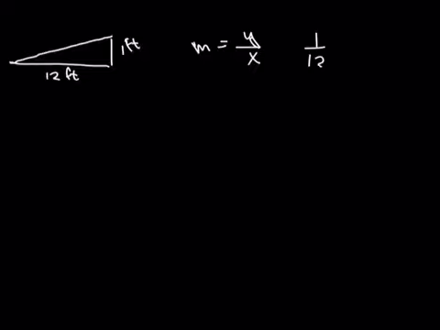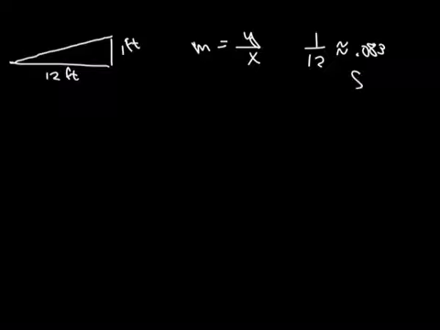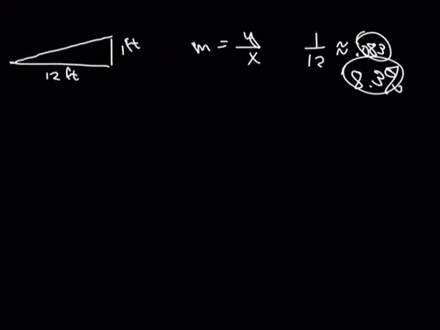Take your handy-dandy calculator out, and you get 0.083 or 8.3% grade. Grades are usually in percentages. So this is the slope put in a percentage. That slope is considered an average rate of change. It means that every 12 feet, on average, it rises 1 foot.